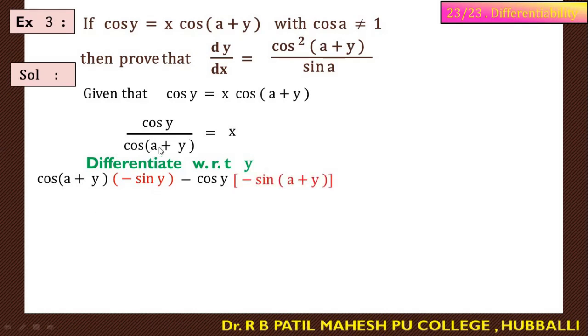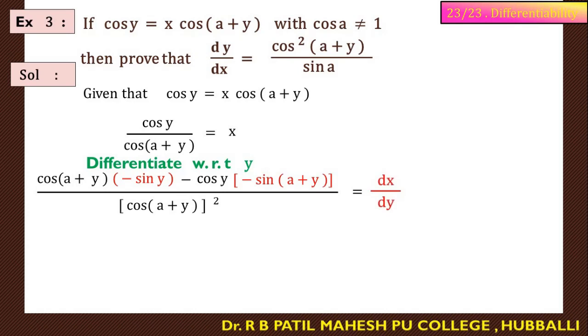After that, a plus y derivative: the derivative of a is 0 and the derivative of y is 1, so there is no need of writing 1. That is, the derivative of cos of a plus y is minus sine of a plus y, whole divided by the square of the denominator, that is cos of a plus y whole square, is equal to the derivative of x, that is dx upon dy. I hope you got it, how to differentiate this function with respect to y.